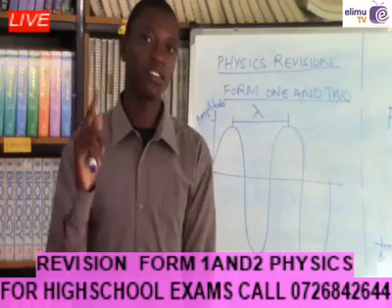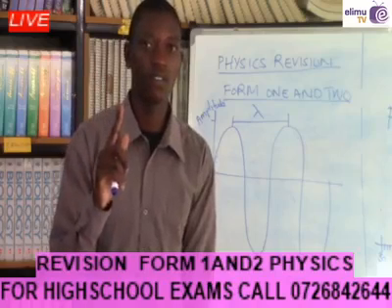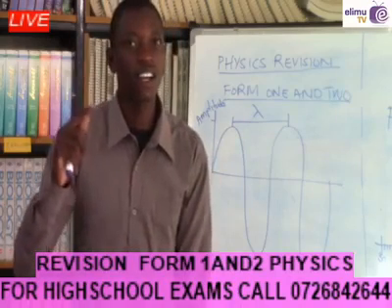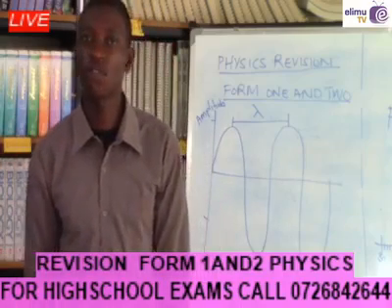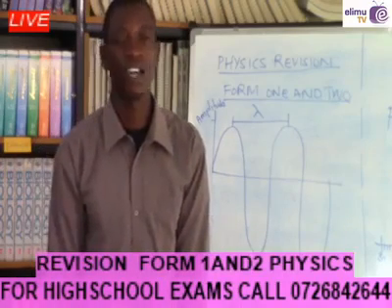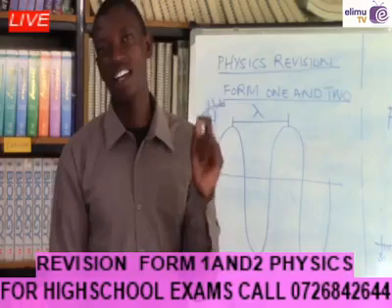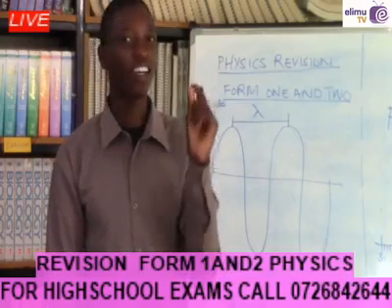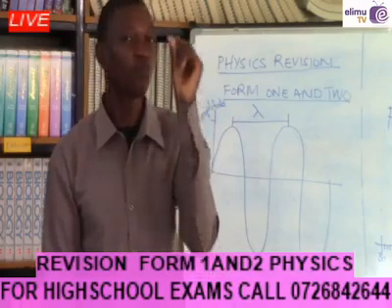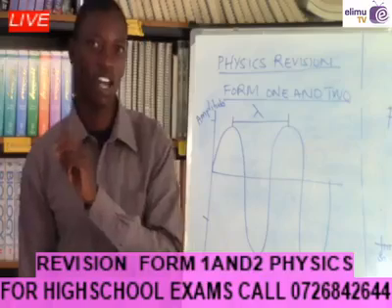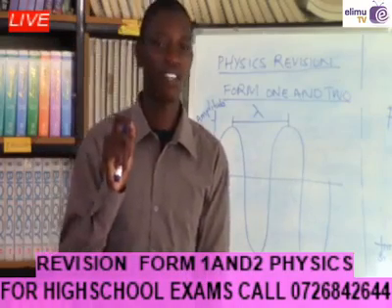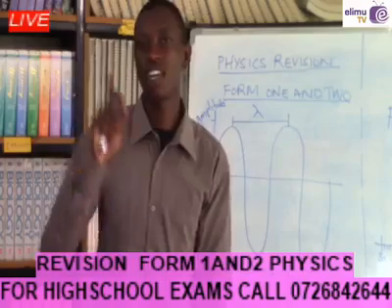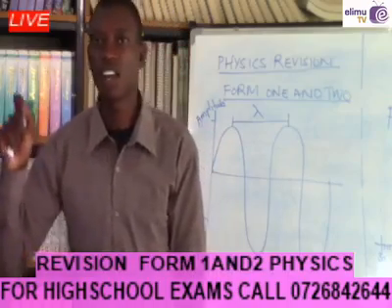When the zero error is positive, the value of the error should be subtracted from the final answer. I repeat, when the zero error is positive, the value of the error should be subtracted from the final answer. And when the zero error is negative, the value of the error should be added to the final answer.